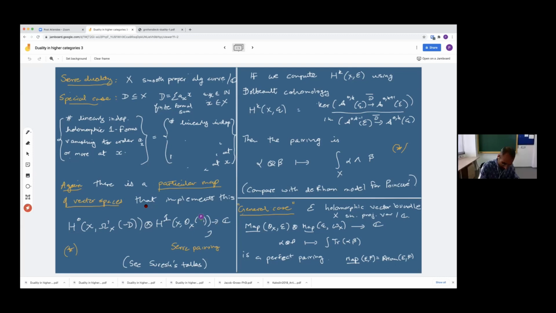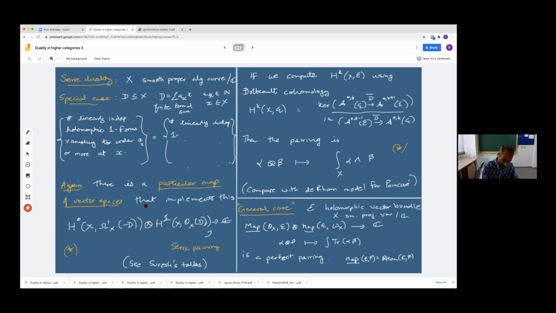I'm terribly sorry. So what happens when you write down stuff in a hurry? And this should not be number of linearly independent sections, but this should be like number of linearly independent one-check cocycles. Okay, this is a bit contrived, but I guess it's still something you might compute.